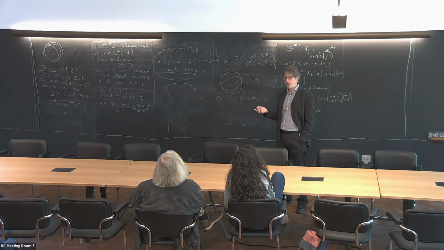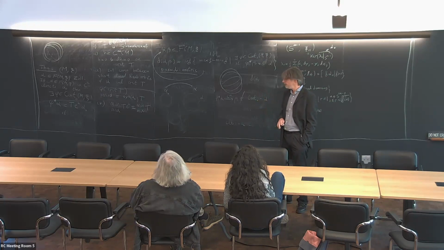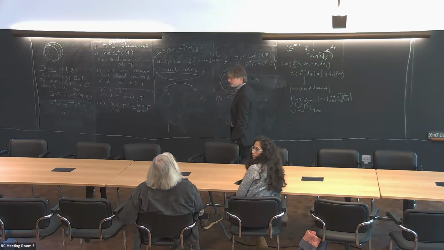And if one thinks about these questions of rigidity in dynamics, one would maybe hope that in some cases you have this rigidity, that the spectral invariants determine your system up to conjugacy. But I don't think this is proven.